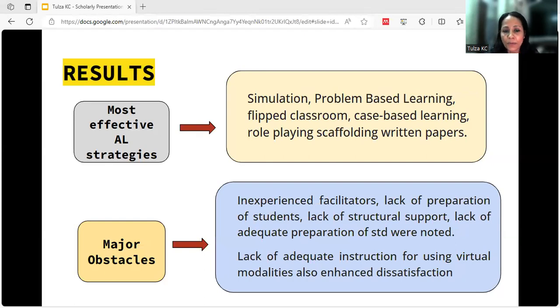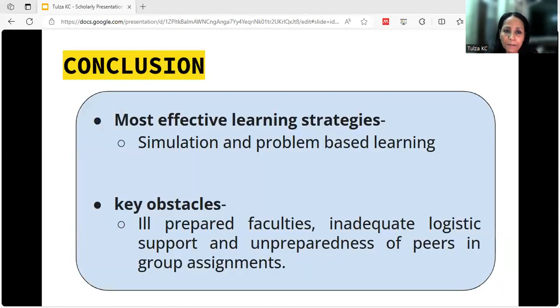In regards to obstacles, students were dissatisfied mainly with the ill-prepared faculties, inadequate logistic support, and unpreparedness of some of their peers in the group assignments. Also, lack of technical advice from the teachers contributed to their disappointment with active learning pedagogy.